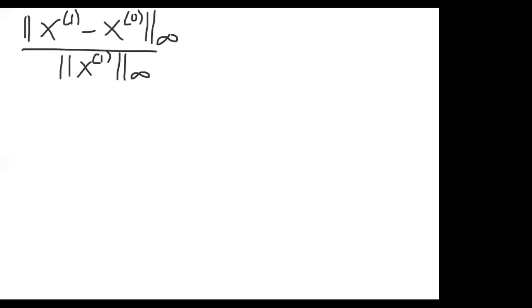If I find that this value is less than 10 to the power negative 3, then I'll be able to conclude that the solution is just x1, right? If it is still greater than 10 to the power negative 3, then I need to do more iterations. Okay, so let's find the value of this.